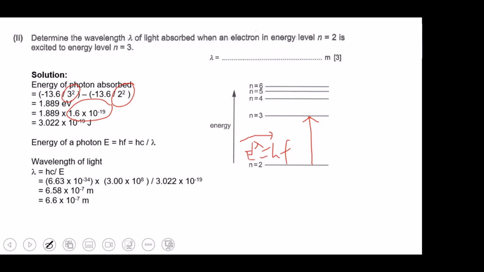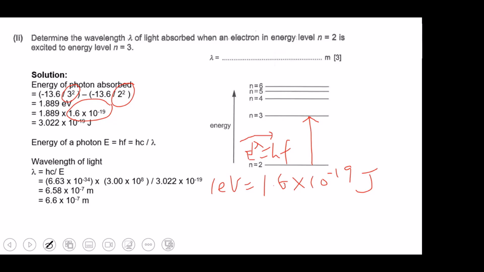So this is the conversion, make sure you take note of it. 1 eV equals 1.6 times 10 to the power minus 19 joules, which is similar to the electron charge. If you have trouble, just remember that this is actually the electron charge.